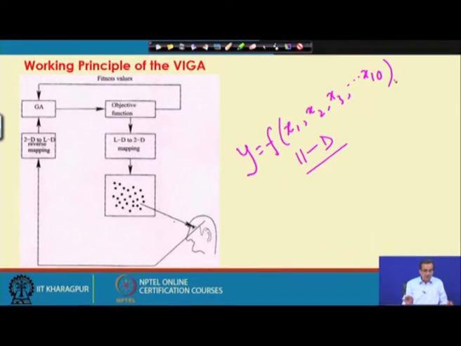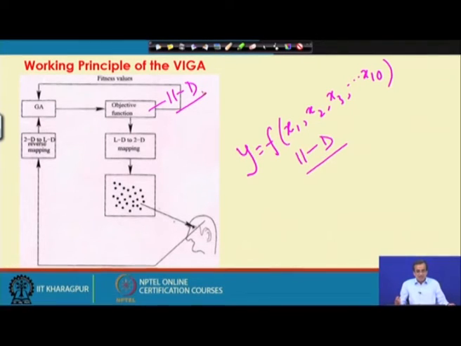And once we have given all such information to the GA, we start the GA, and the GA will try to find out the optimal solution. So, the GA is working on the objective function which is in 11 dimension, higher dimension, and we cannot visualize it.